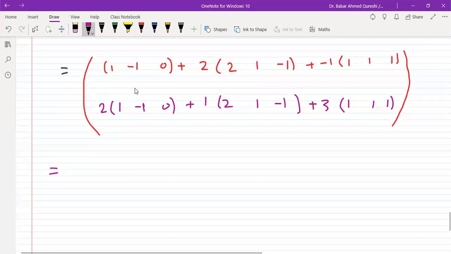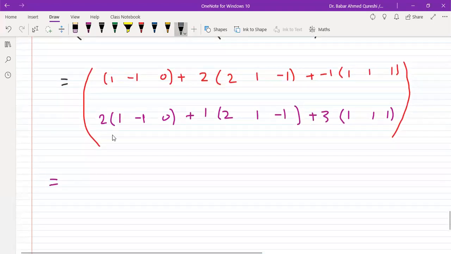So what do I get? Again, when I add the vectors, I add the corresponding components. So 4 plus 1, 5, minus 1, 4. I get this row, which has a 5, minus 1, 4.